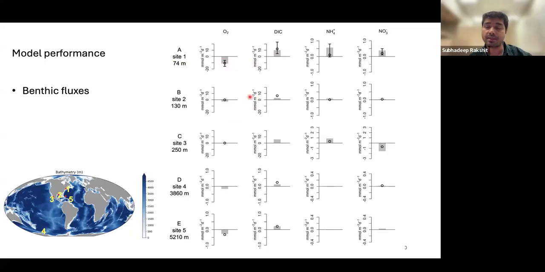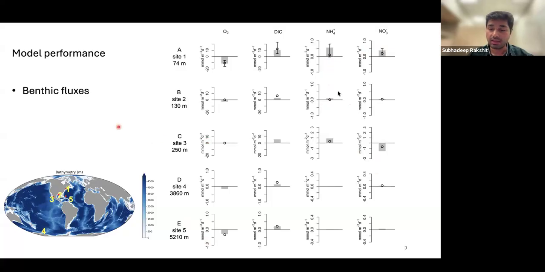It captures the order of magnitude variance across different ocean basins. And especially for the nitrogen, the DIN flux, the nitrate and ammonia, the model captures the direction of the fluxes pretty well as well.